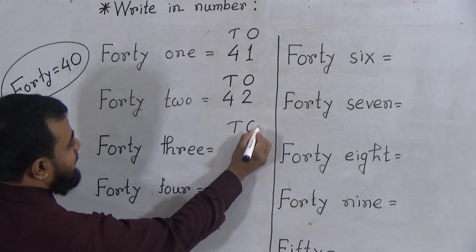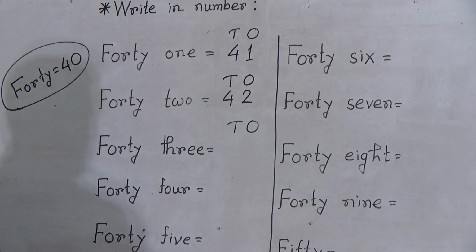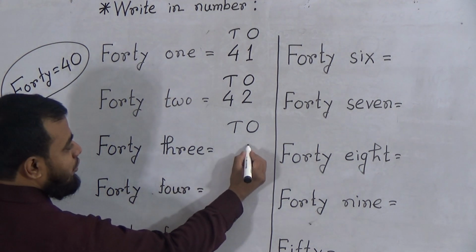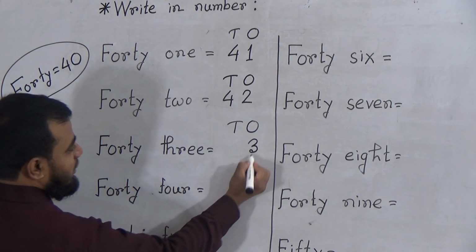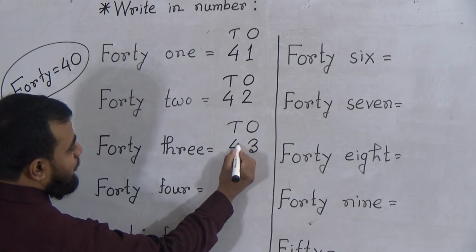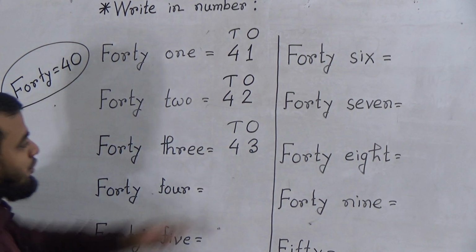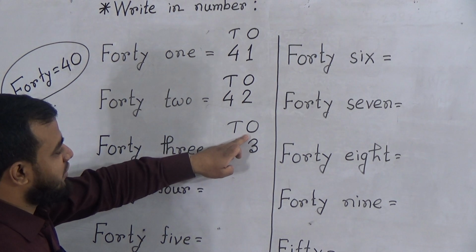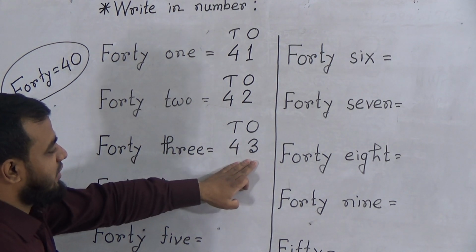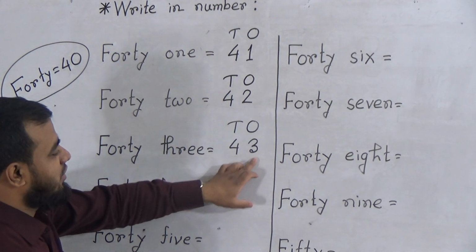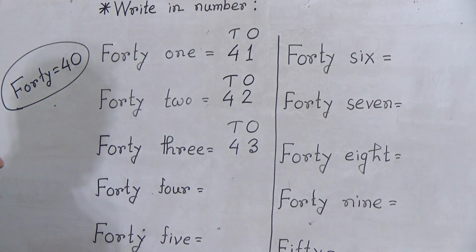First of all, identify the place value names, okay? Now, we should put the digit 3 in the ones position, and the digit 4 in the tens position, okay? That means 4 tens and 3 ones makes the number 43, or you can say that, my dear students, 4 and 3 makes the number 43, okay?